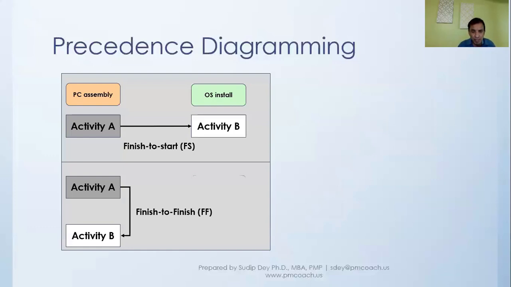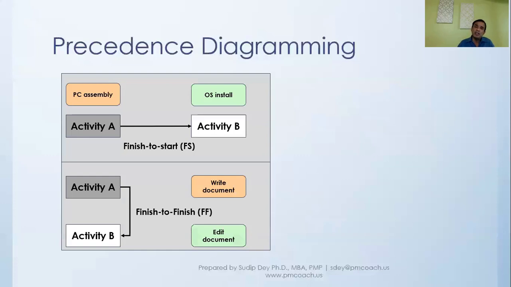Now, if we take an example, let's say we are writing a document, a user manual, and someone else is editing that document, proofreading. Now, we can say that they have a finish to finish relationship. In other words, activity B, edit document, can finish only after activity A, write document, has finished.